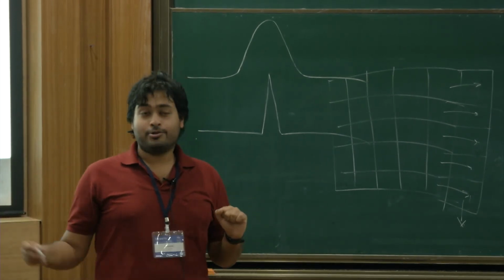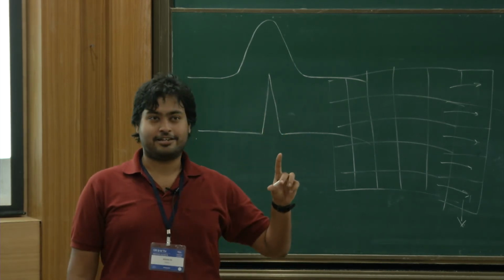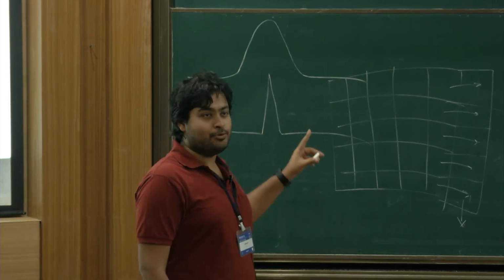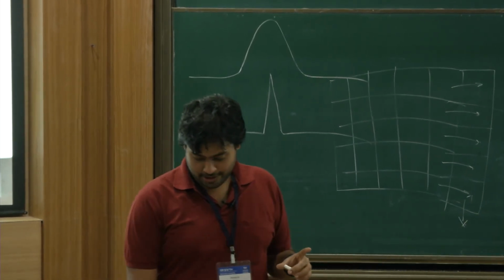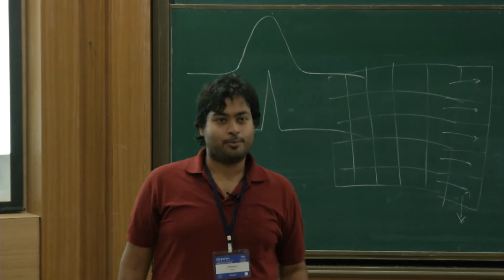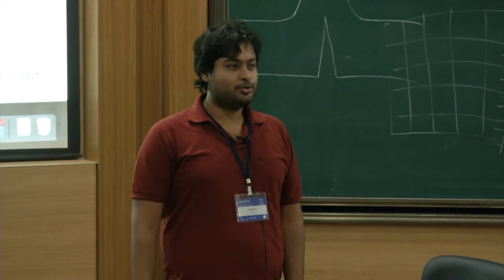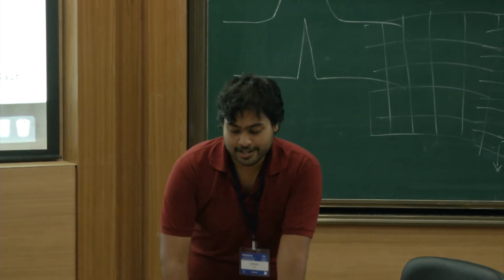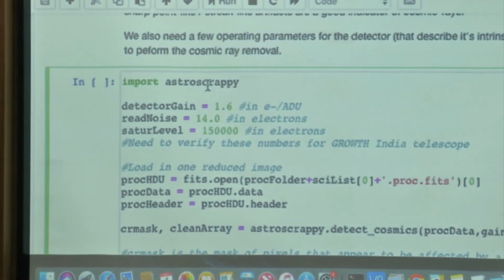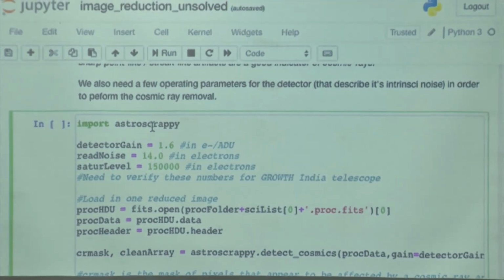There are quite a few implementations of algorithms that deal with cosmic ray rejection, and I wanted to use one that is fairly popular. It's based on LA Cosmic, a routine to detect cosmic rays, and this is a Python implementation of the same module, which we just installed before the start of the session.